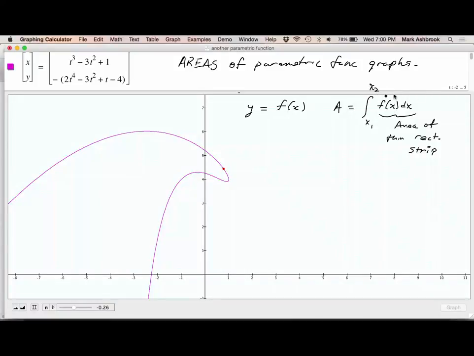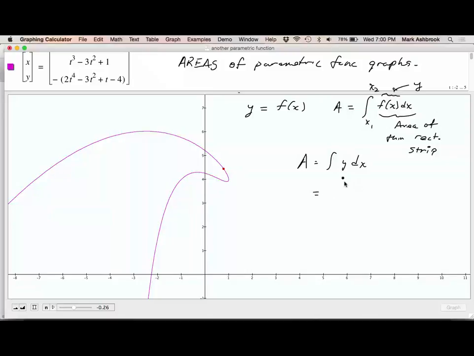So f of x is the same as y. If we're going to do this in parametric, we're going to follow the same pattern. We're going to sum up lots of little thin rectangular strips. And so essentially area is y dx.